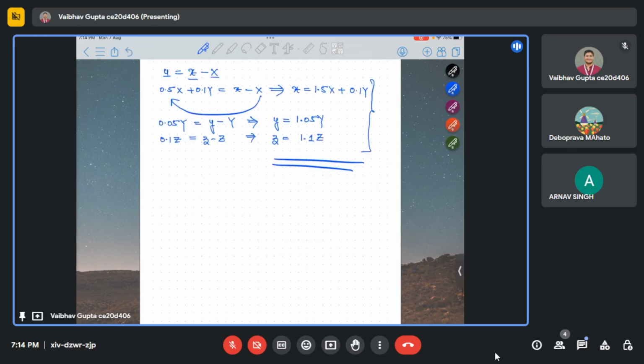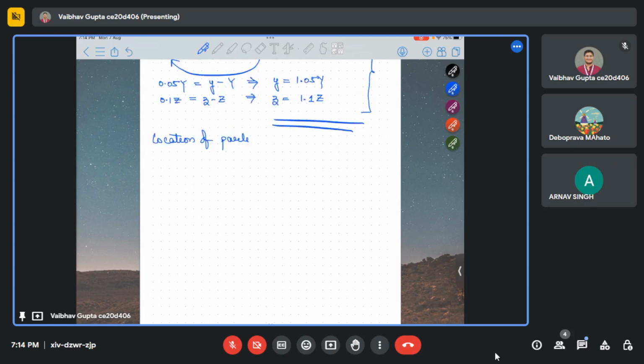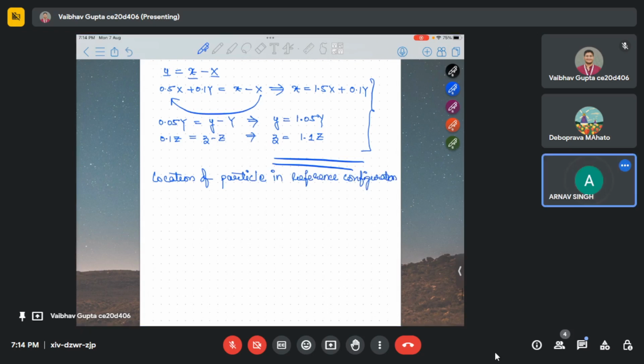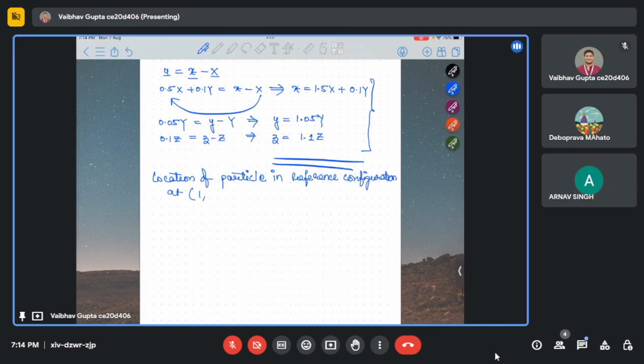Like, what is the location of the particle in the reference configuration at 1, 0, 1?